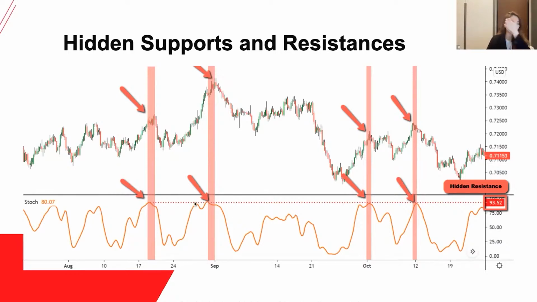So if you stop yourself or let go of your buy at the price where it hits 80 in the range, you would be ignoring hidden resistance at 93.52, or it would cut short your own profit that you could have possibly made, right?